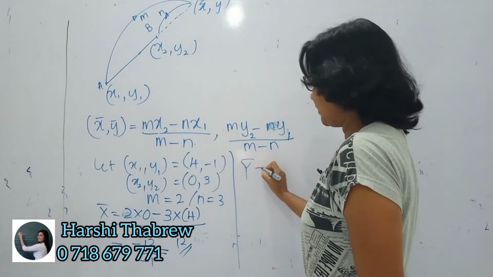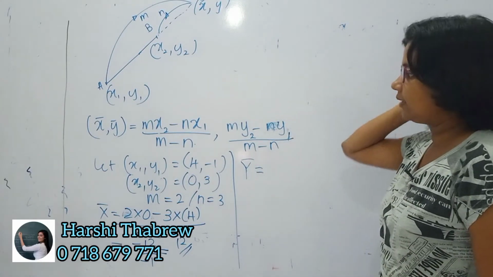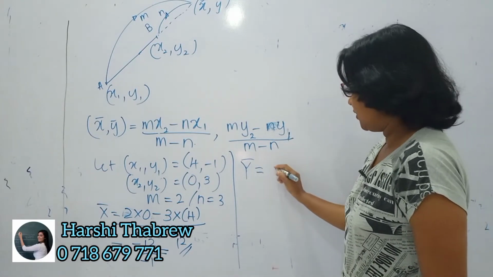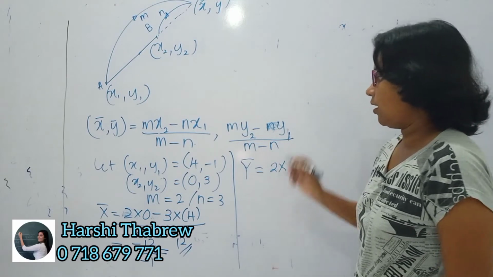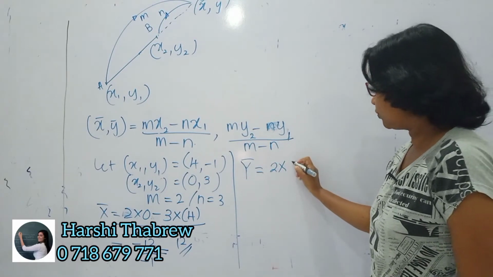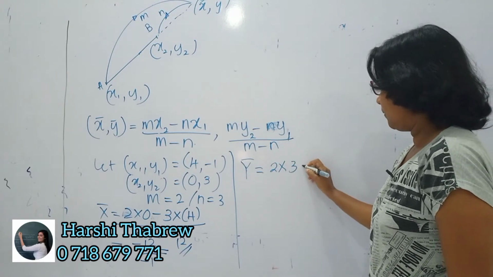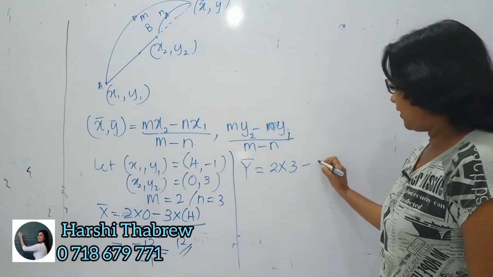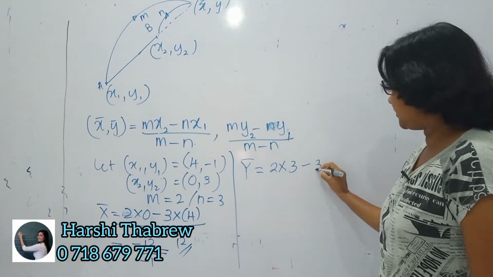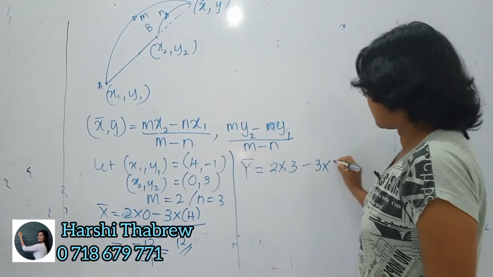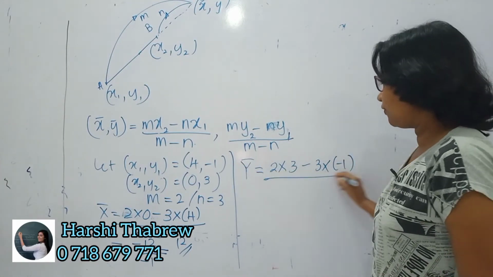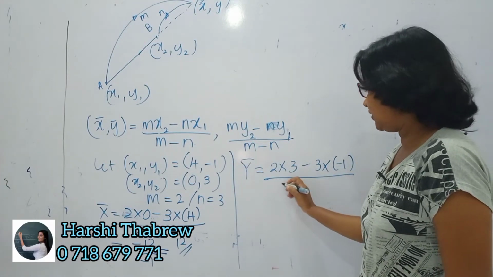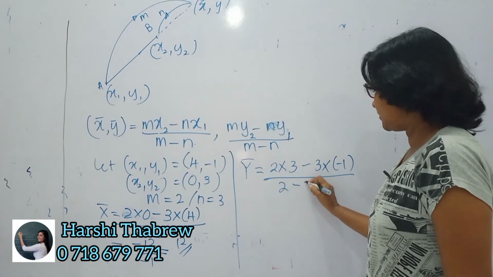Then let's move on to y bar. Y bar equals m is 2 into y2 minus n is 3, y1 is minus 1, over m minus n, 2 minus 3.